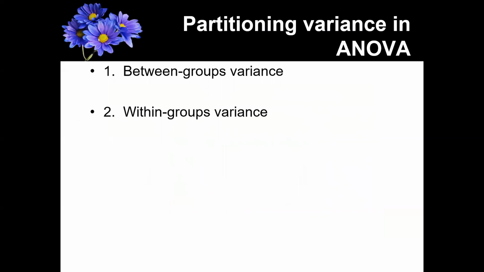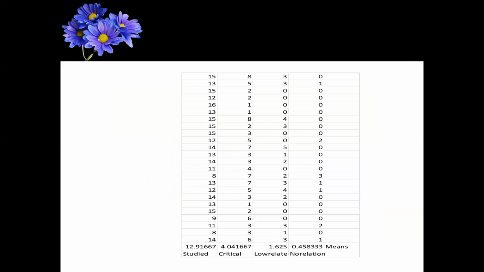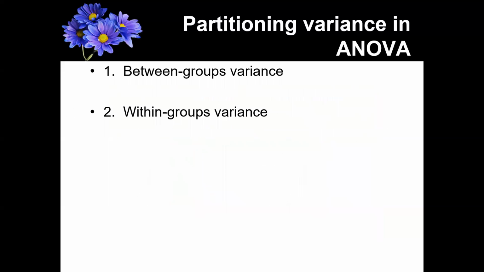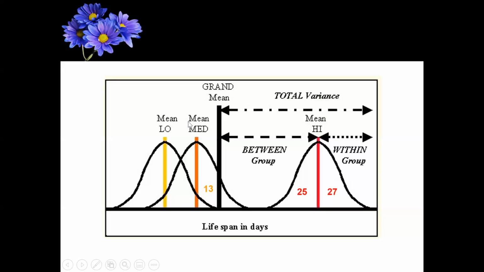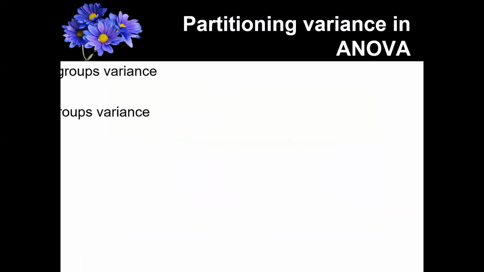Before I give that away, also, why might there be variance within groups? As an example, why might two people within the same condition, like 25 and 27, be different?